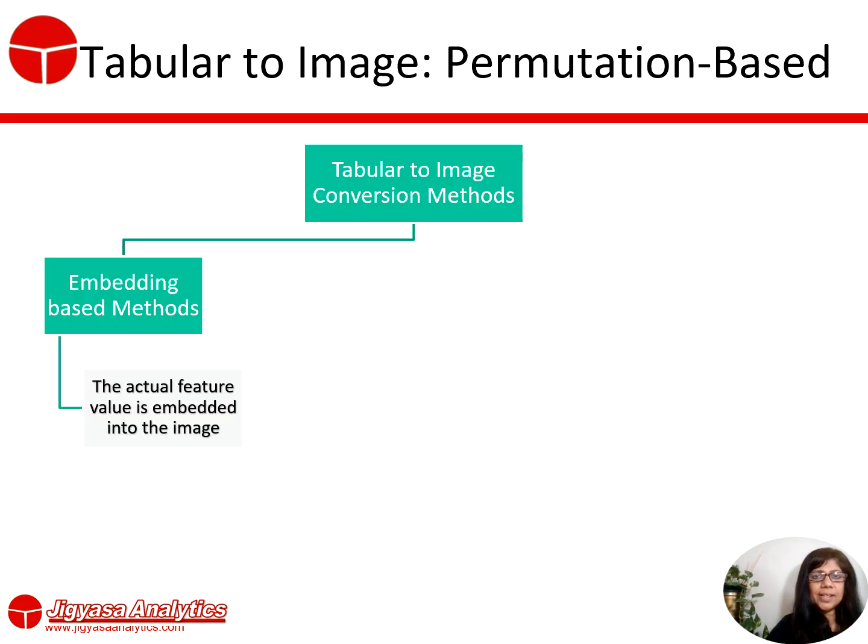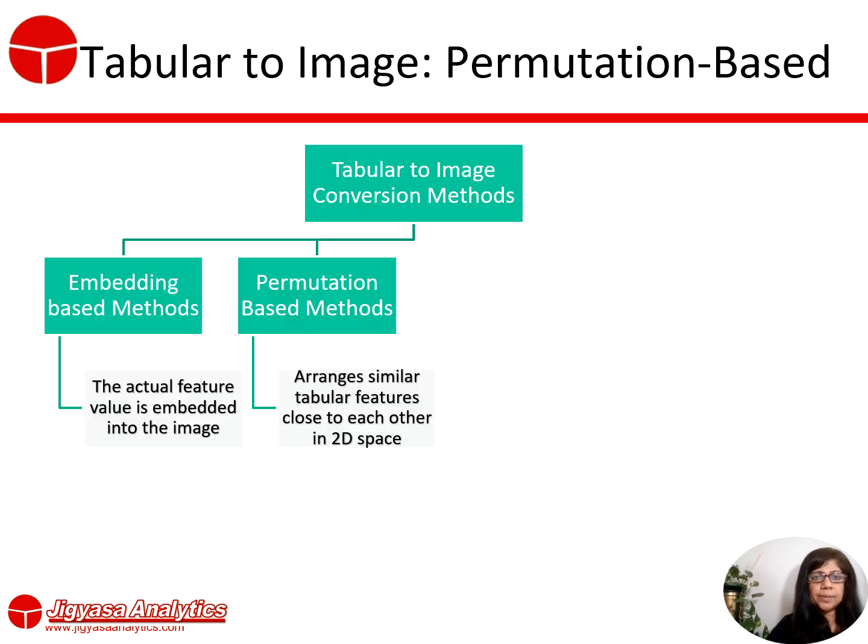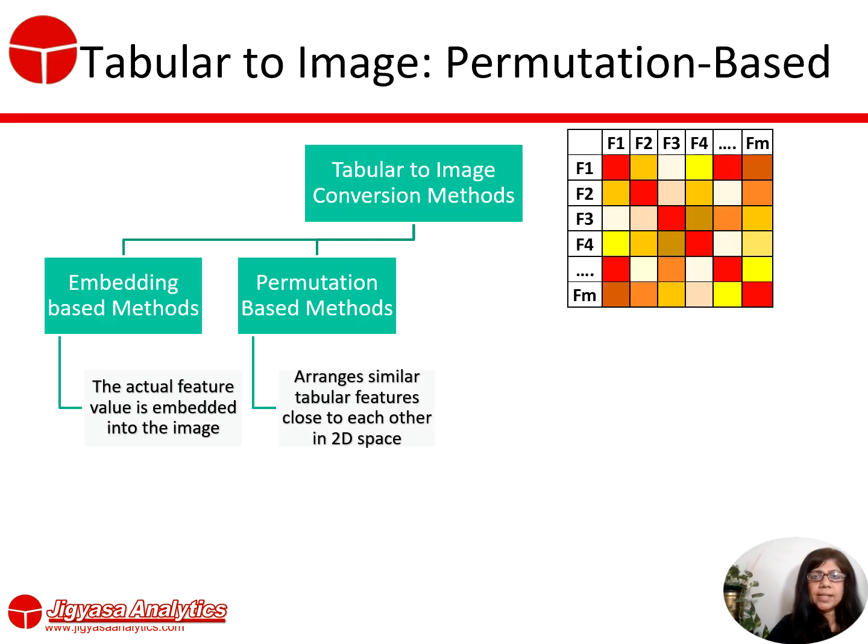Another method of creating images from high-dimensional tabular data is the permutation-based method. This method starts by using some kind of distance measure to calculate similarity among features. So in this table, F1 through Fm are the M features of our tabular dataset, and this table represents some sort of similarity measure between each pair of features.